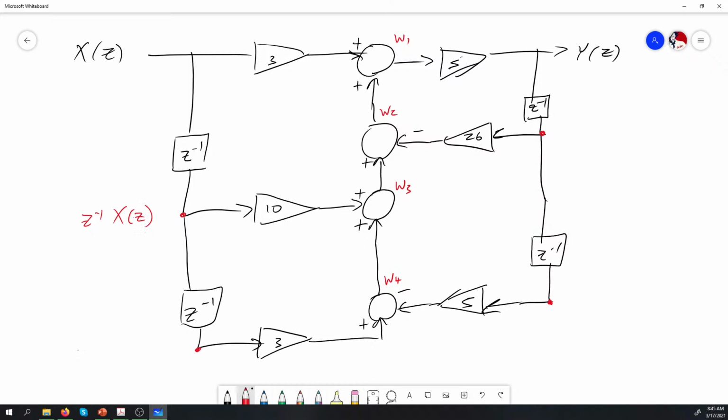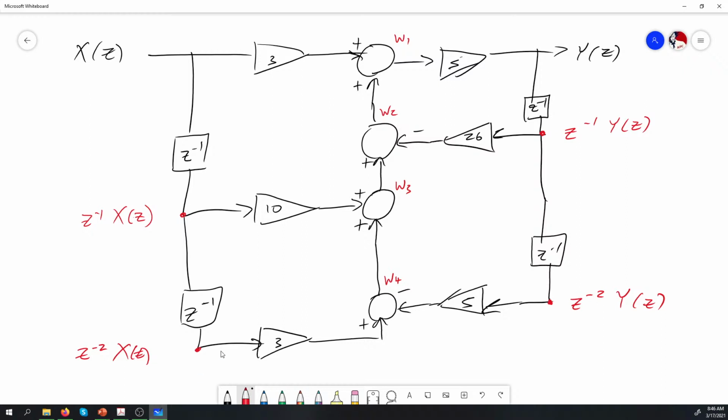And this one here is going to be z to the -2 X of z. And this one here is going to be z to the -2 Y of z. This one here is going to be z to the -1 Y of z.